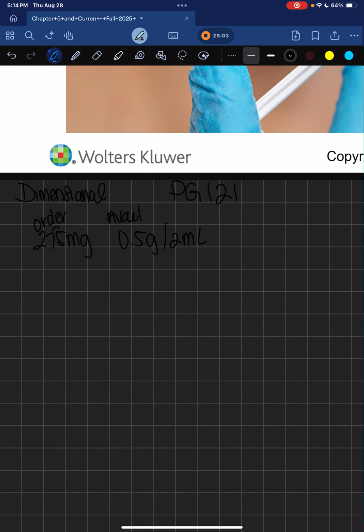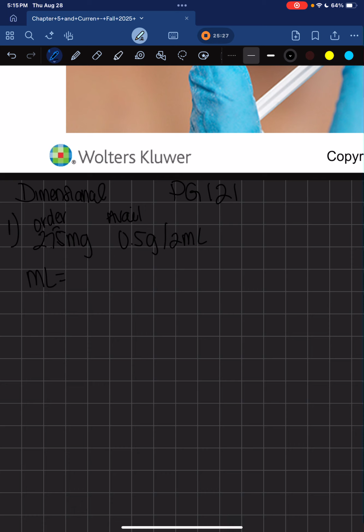Again, we're always going to start with the end in mind. What do we want to know? How many milliliters? We want to know how many mLs that we want to use a syringe to pull out of that vial to get the dose that's been ordered. Okay? How many milliliters? We only want to know milliliters.